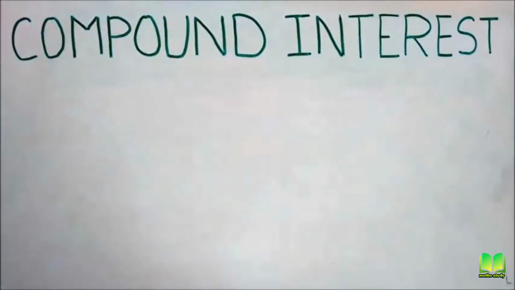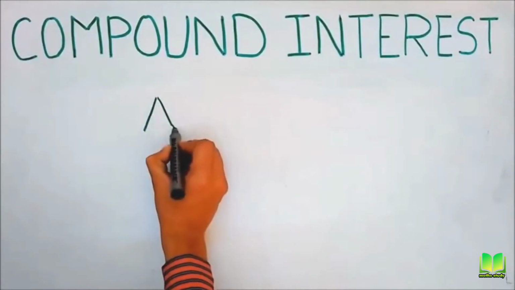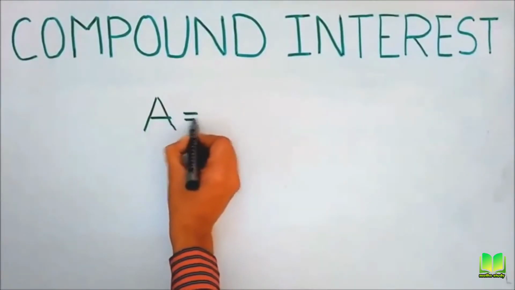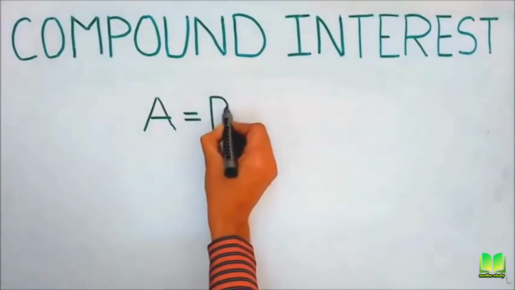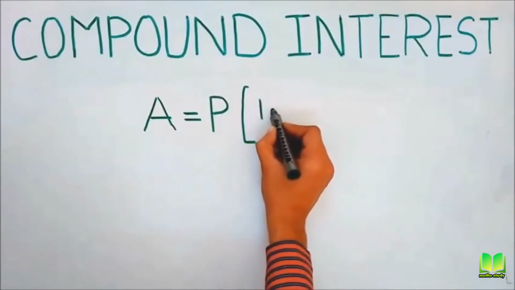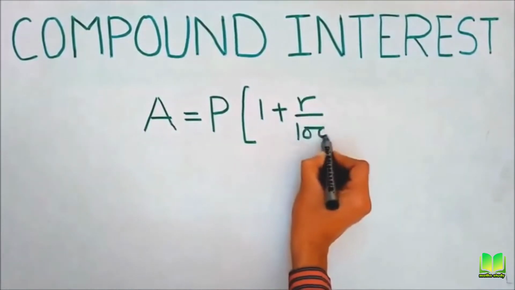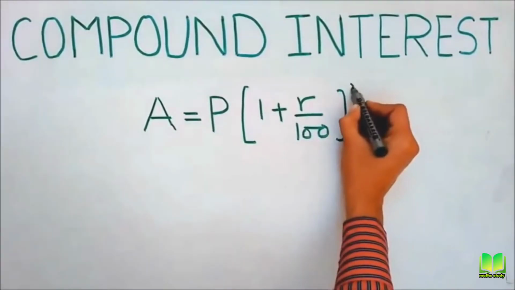Now we will discuss the basic formula of compound interest, that is A is equal to P (1 plus R divided by 100) whole power n.